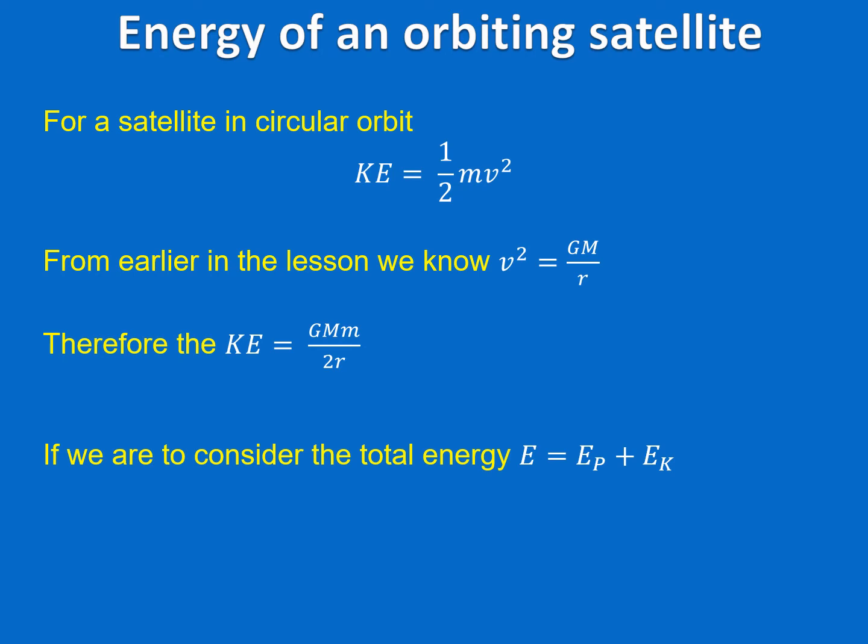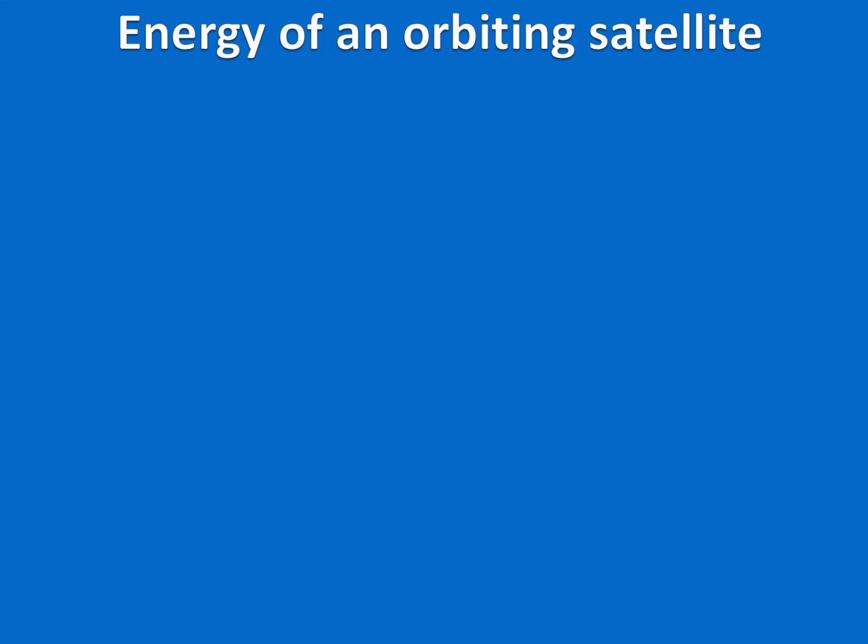So total energy, as I said, will be equal to the potential energy plus the kinetic energy, and that is where the distance is r. Remember, r is the separation between the satellite and the planet. So if we want the total energy of the system, we need to find the potential energy. So we've got an expression for kinetic energy, but for potential energy, we need to use the gravitational potential.